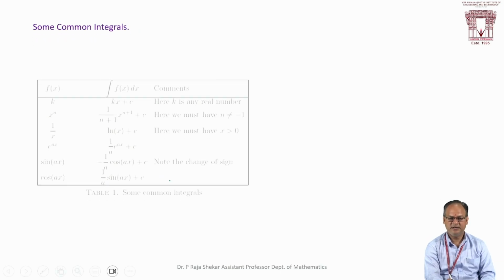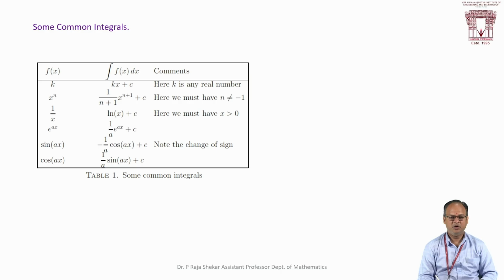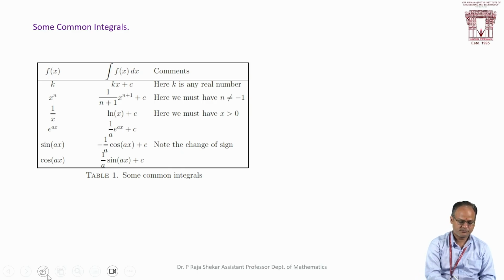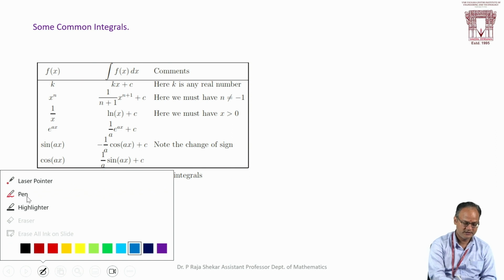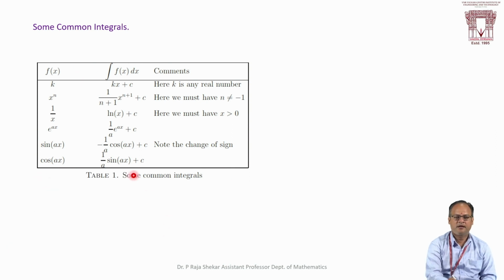Now let us recollect some common integration formulae which are useful in integration of complex functions. Here I list some basic functions for which we can recollect the integration. If f of x is a constant k, the integration of a constant is kx plus c.